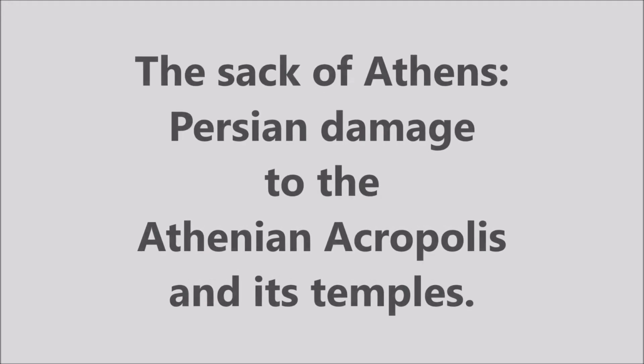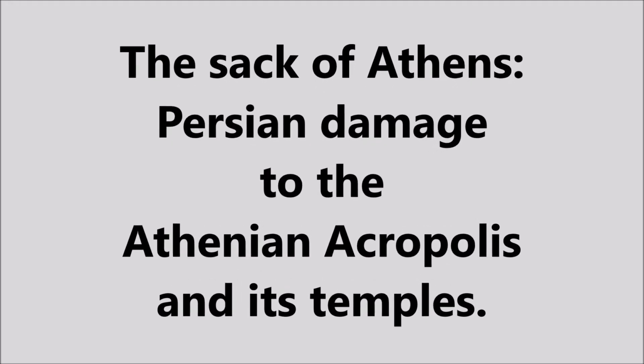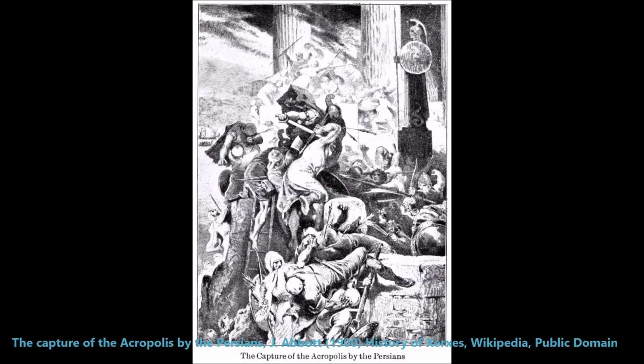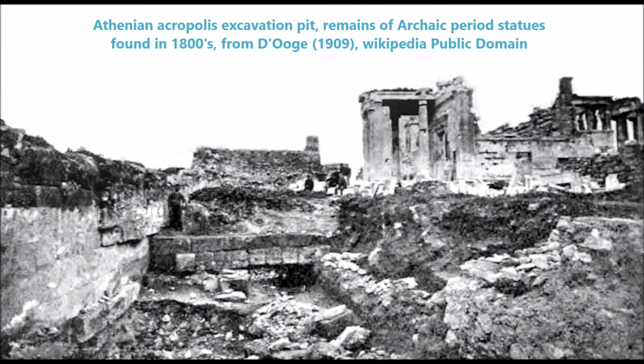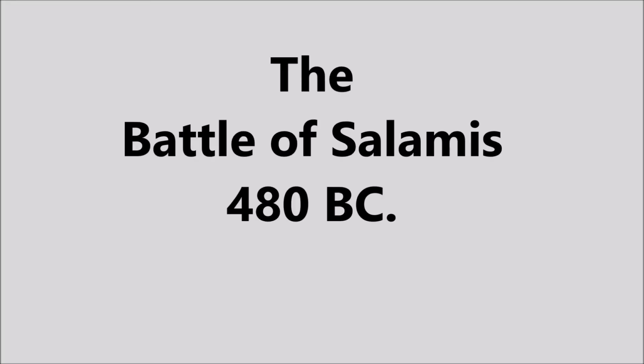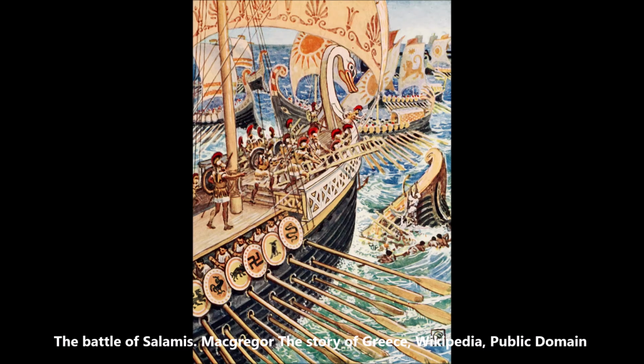However, a further Greek defeat at the Battle of Artemisium in 480 BC then enabled the Persians to sack Athens and burn its temples, public buildings and houses to the ground. The Battle of Salamis followed soon after, again in the same year, but this time the Greeks were able to defeat the Persian army and begin a pushback towards the coast of Asia Minor.